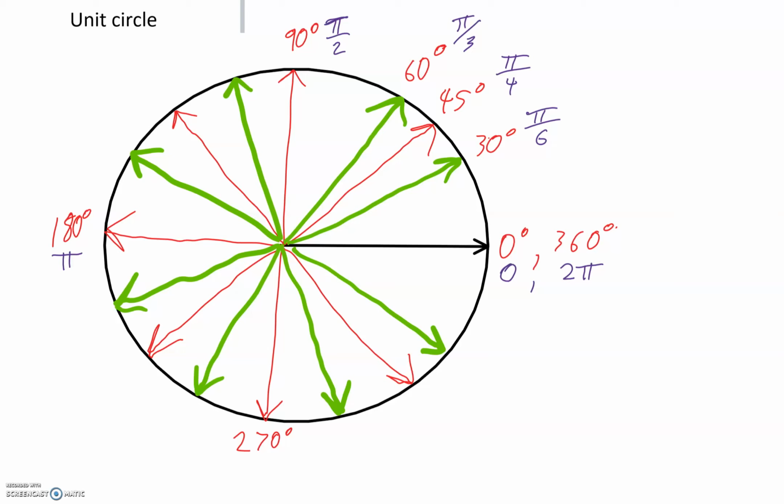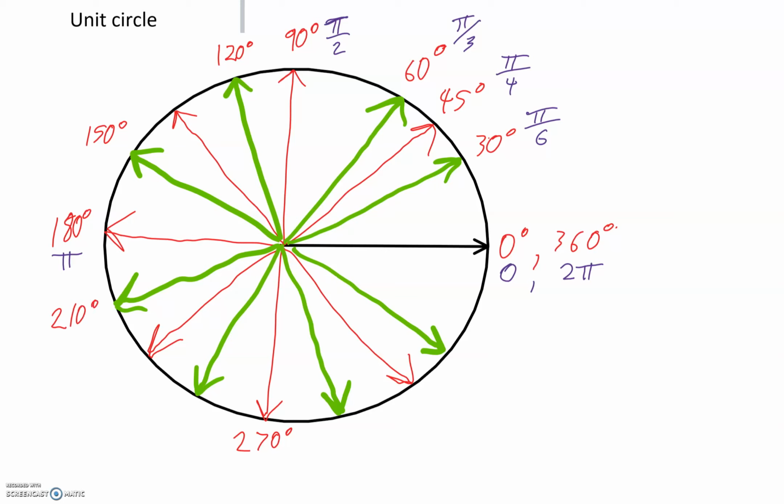All right, I'm going to get started. So 90 plus 30 would give us 120 degrees. Plus another 30 gives us 150 degrees. Plus another 30 gives us 180. Plus another 30 gives us 210.